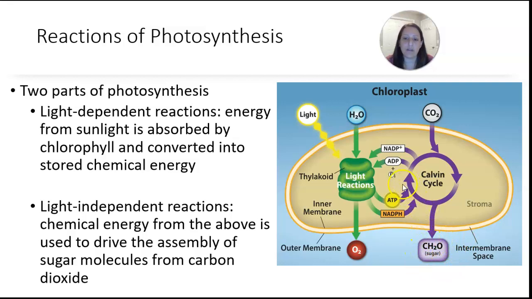The products of that use, NADP+, ADP, and Pi, are also produced, and they go back and are used in the light reaction. So that's it in a nutshell. In the next two parts of the chapter, we're going to go through both of these phases in a lot more detail. So that's it for this part.